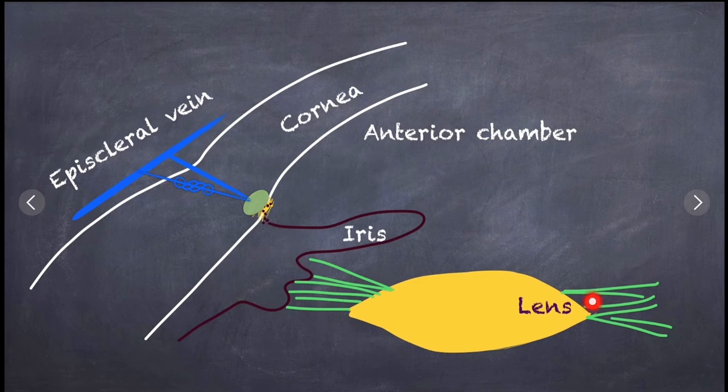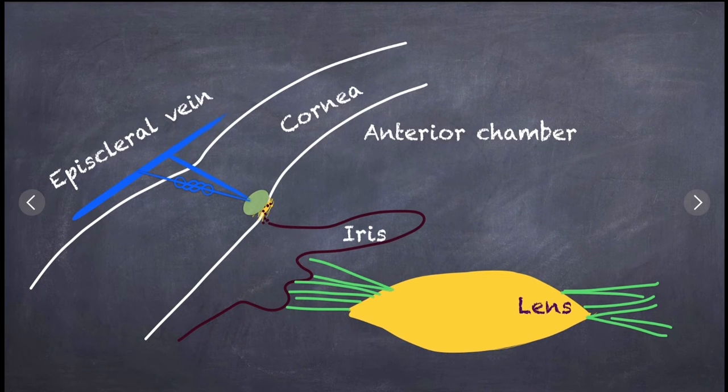This is the lens attached by the zonular apparatus to the ciliary body. This is the ciliary body. This oval shaped channel is Schlemm's canal, and this yellow mottled in brown is the trabecular meshwork. From here lead these veins into the outer vein, that is the episcleral vein.